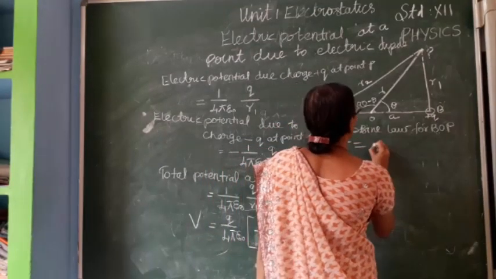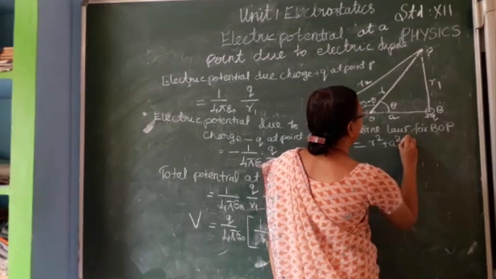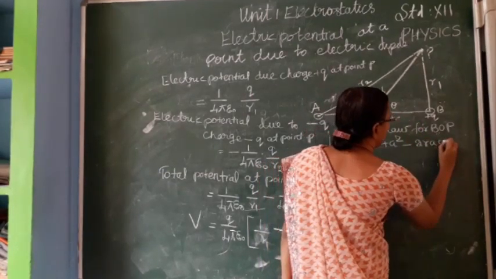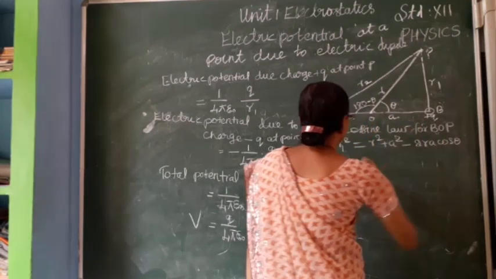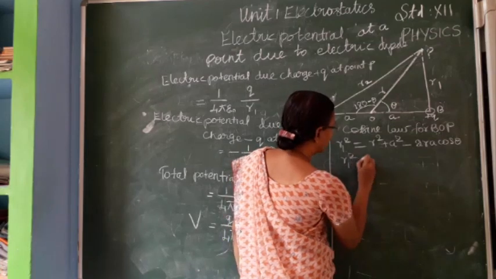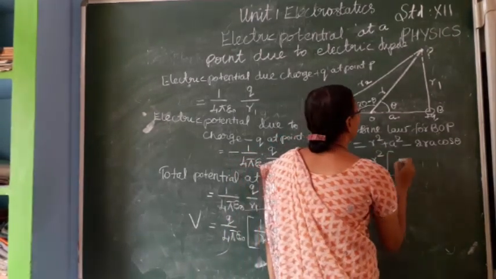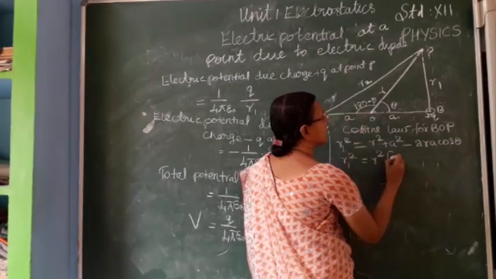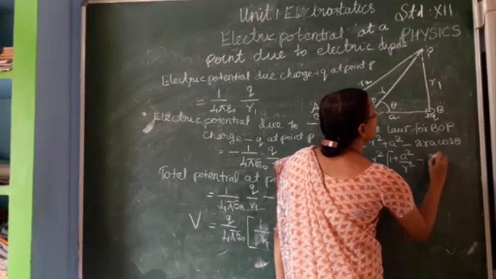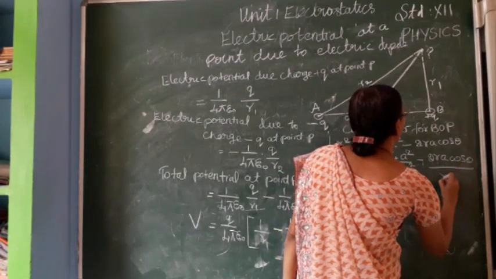R1 square is equal to R square plus A square minus 2RA cos theta. This is theta. Now we can take R square outside. R square into 1 plus A square by R square minus 2RA cos theta by R square.